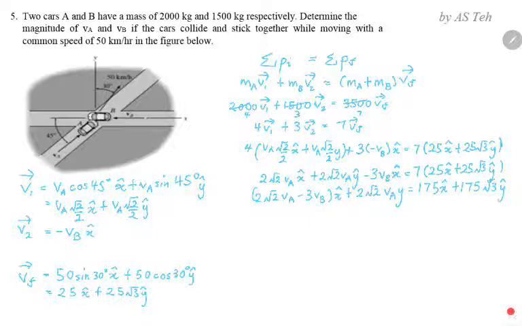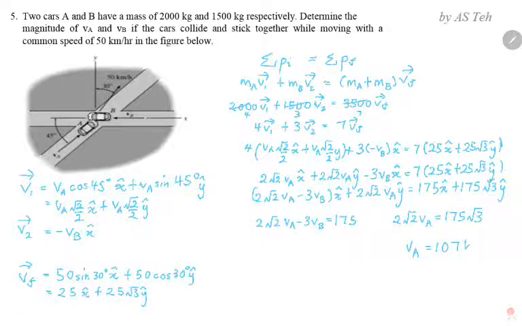If I compare the left hand side with the right hand side, this gives me 2 square root 2 VA minus 3 VB equals 175, while for the unit vector y, 2 square root 2 VA equals 175 square root 3.